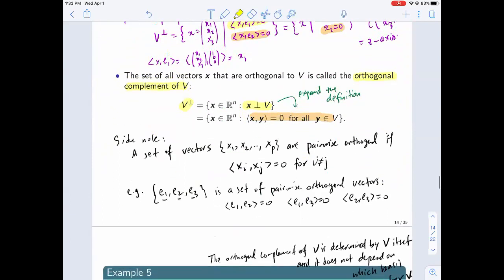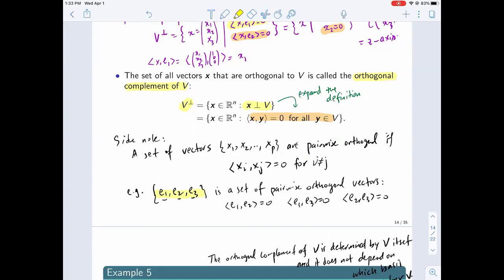And so the idea was that pairwise orthogonal vectors, none of which are 0, are linearly independent. So this is an example. This set is going to be linearly independent because the vectors are pairwise orthogonal and none of them is the 0 vector. That result guarantees that this set is a set of linearly independent vectors.